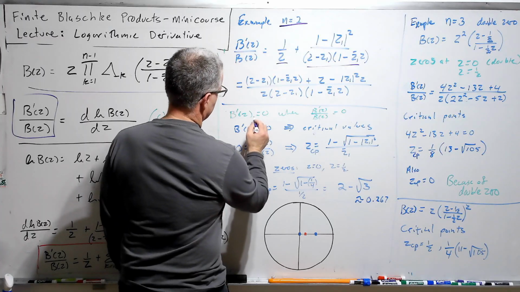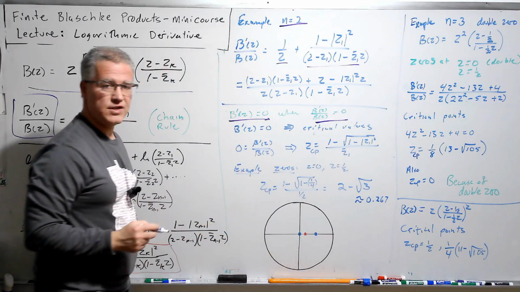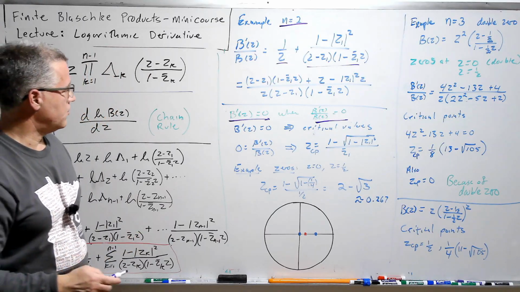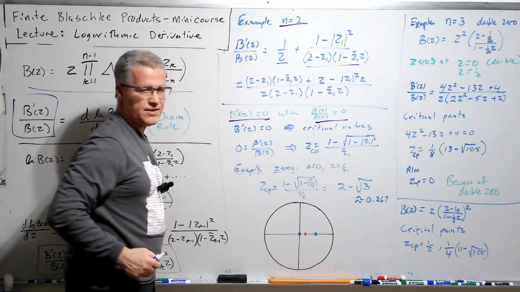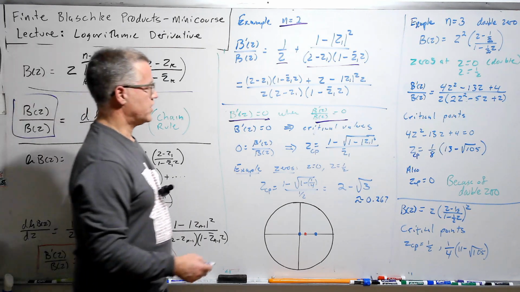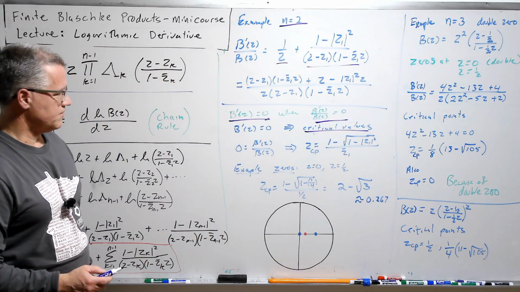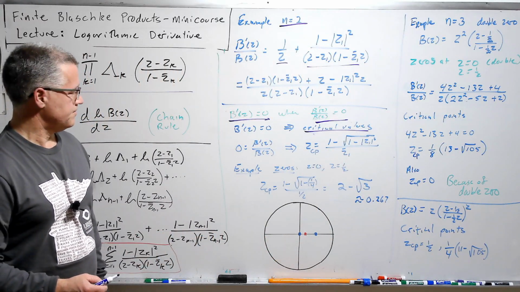Now, when this is 0, the derivative is 0, and the values of z that make the derivative of the Blaschke product go to 0 are called the critical values, or critical points of the Blaschke product. So we're going to be looking for the critical points.